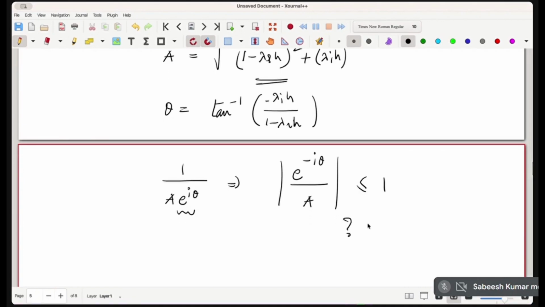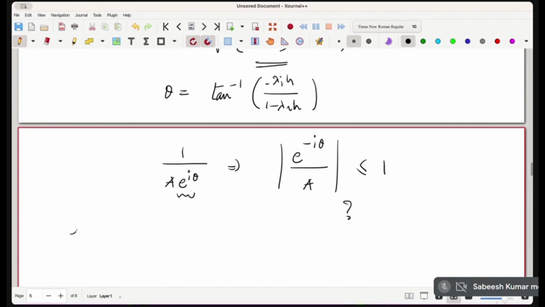Now what is this quantity? When will this quantity be greater than 1, or when will it be less than 1? For e to the power minus i theta, this quantity always has a magnitude, or the maximum value it can take is 1, because this is cos theta minus i sin theta.